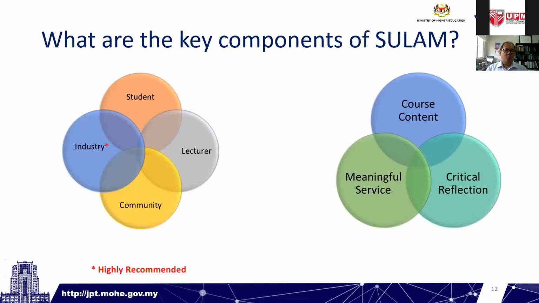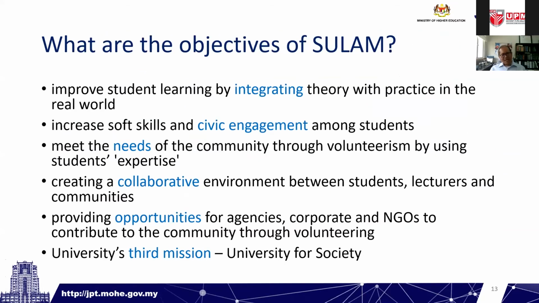And most importantly, there are 3 to 4 stakeholders that need to play a role. The students are important, as well as the lecturer, the community, and highly recommended, the industry to get involved.